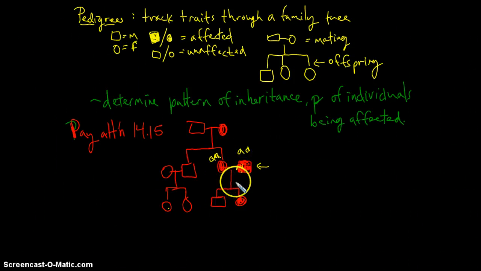Now, since that is not the case, we can assume that this is not a recessive condition, and instead it is a dominant allele or dominant trait, meaning that affected individuals will have a dominant allele. So we know these individuals have a dominant allele. Now, the question becomes, are they homozygous or heterozygous?